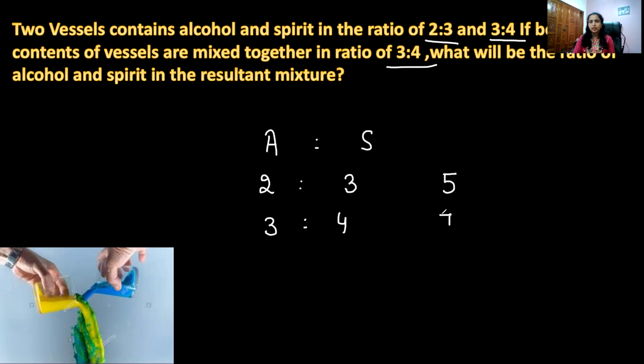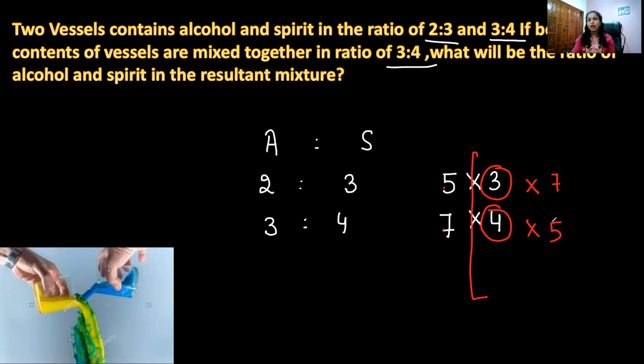So 5 here and 7 here, and then you multiply it by the ratios. Because earlier when we were mixing, the ratio was 1:1. Now the ratio is changing to 3:4. No problem. We are multiplying by this. Now what is here? 5 and 7. So you multiply this by 7 and you multiply this by 5, right?